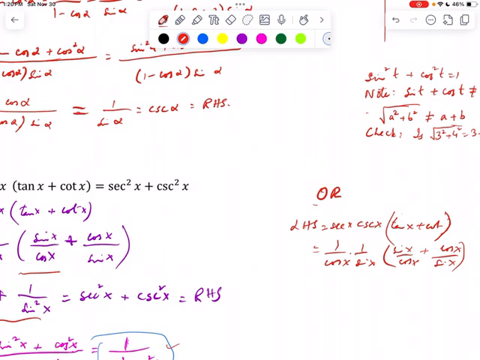But now instead of distributing, we can simplify the quantities inside the parentheses.